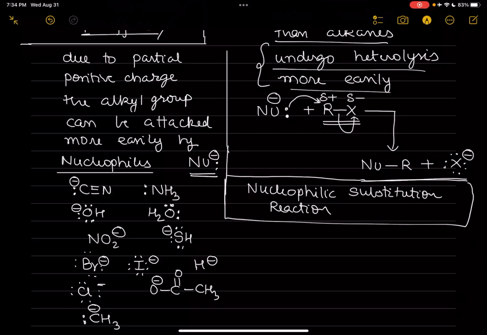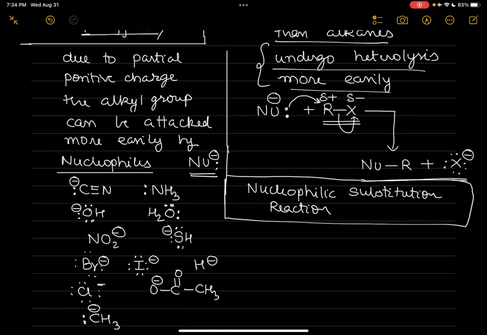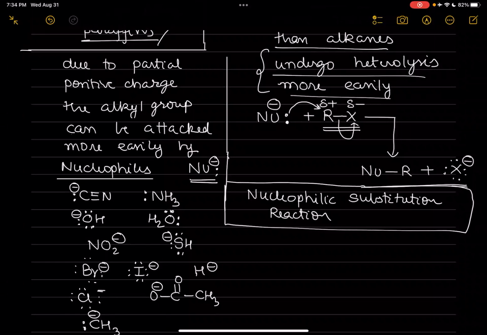Is it clear? This is the main heart of the discussion: alkyl halides have a polar bond, because everything started from the electronegativity difference, which resulted in a polar bond, which resulted in a partial positive charge on the carbon, and that partial positive charge attracted the lone pair of the nucleophile.